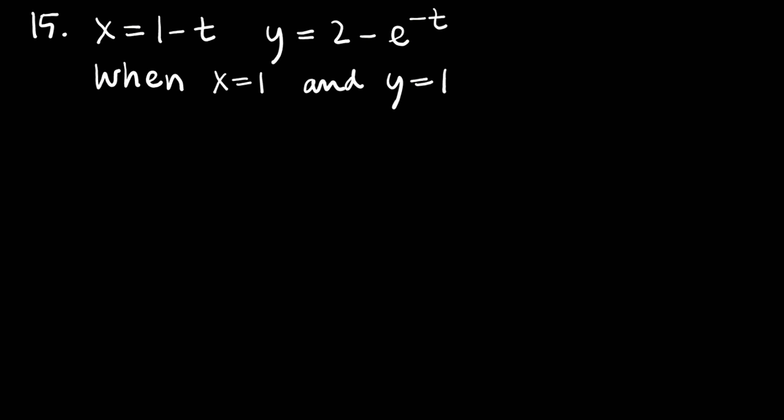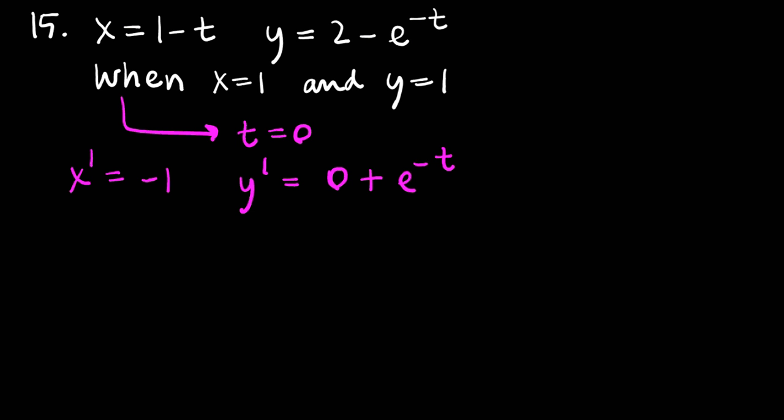So you take a second, you're like, all right, I know, this is when t equals 0. Okay, so we've got t equals 0, and we're going to need the velocity to tell you about which direction the object is moving. So x prime equals negative 1, and y prime equals 0 minus e to the negative t times negative 1 would be 0 plus e to the negative t.